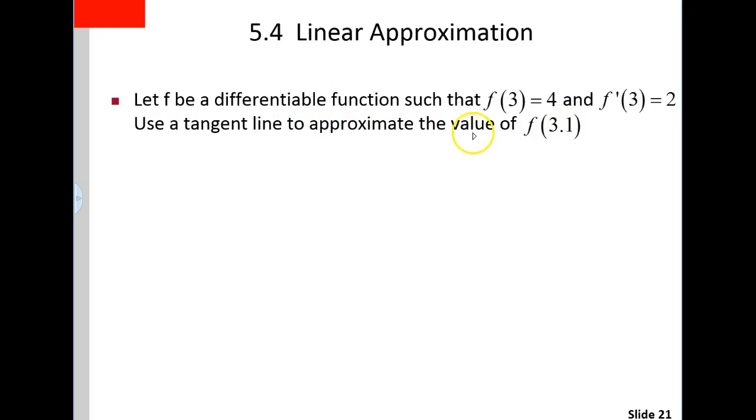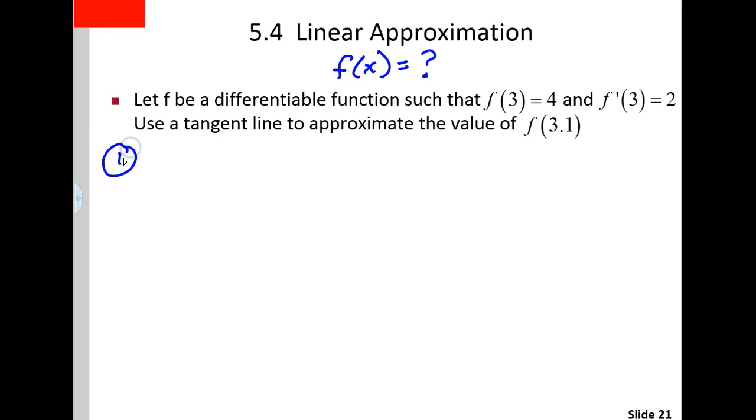So what we need to notice here is that f is not given explicitly. We don't know what f of x actually is. So we could not actually find its true value, which is different than the last two problems. We were able to find the true value of f of 9.2 and f of 0.1. So this is the more AP-like question. So how do we do it?